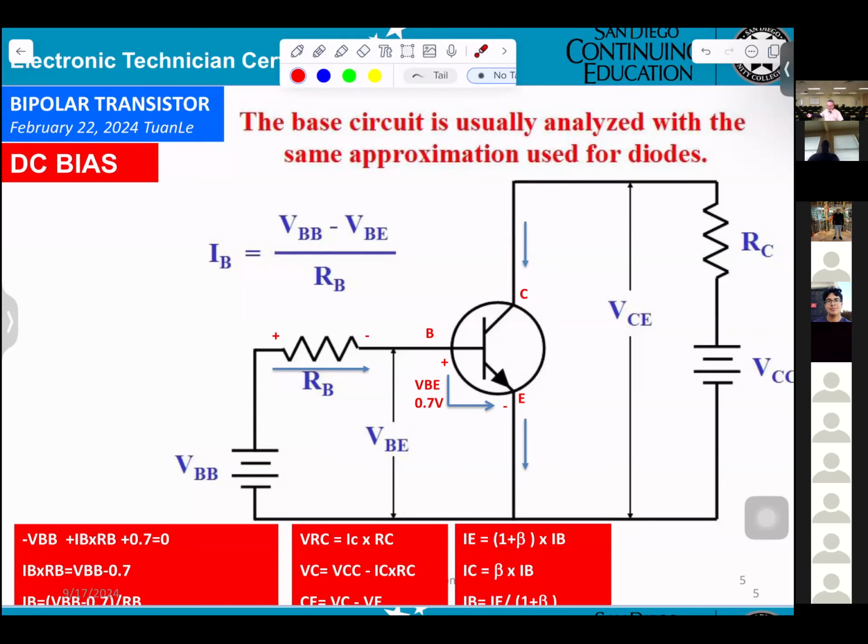So now you see they're talking about VBE. What does that mean? That means the voltage from the base to the emitter. That means from here. And the diode on, they're telling you you get VBE equal 0.7 volt.